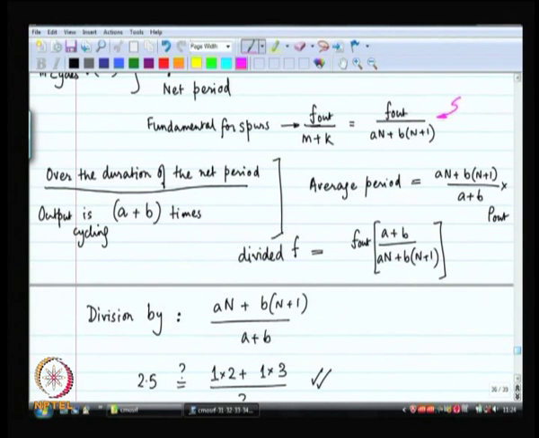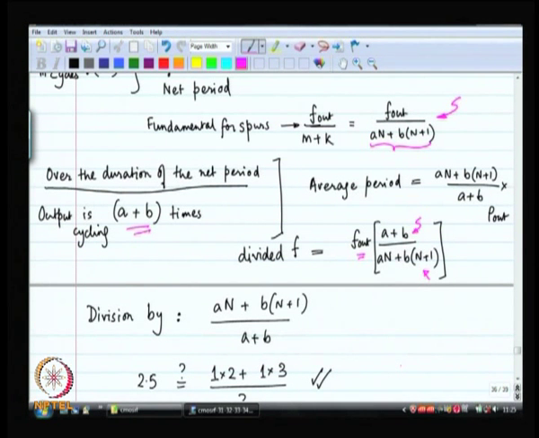Over the duration of a N plus b N plus 1 clock cycles, the output is going up and down a plus b times, which means that on the average the divided frequency is f out times a plus b, going up and down a plus b times over a net period of a N plus b N plus 1 clock cycles.